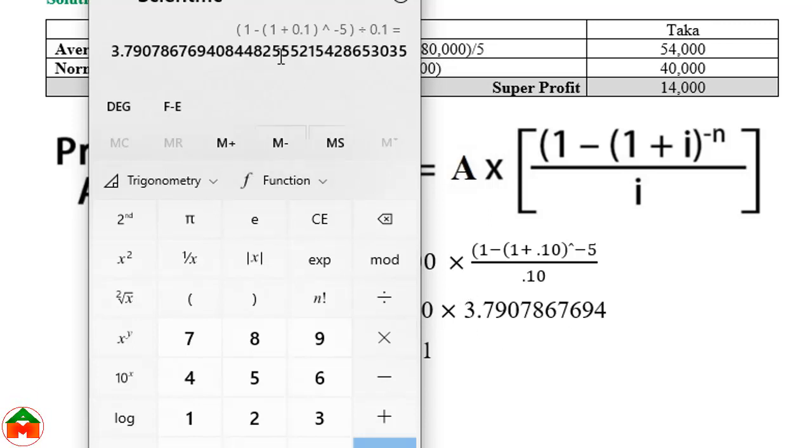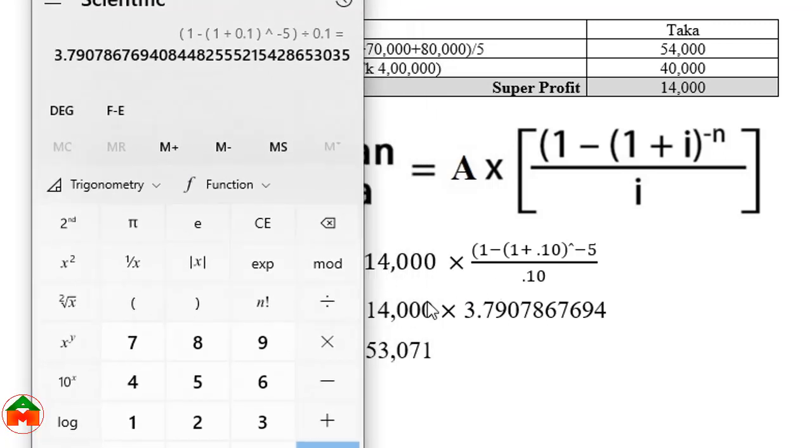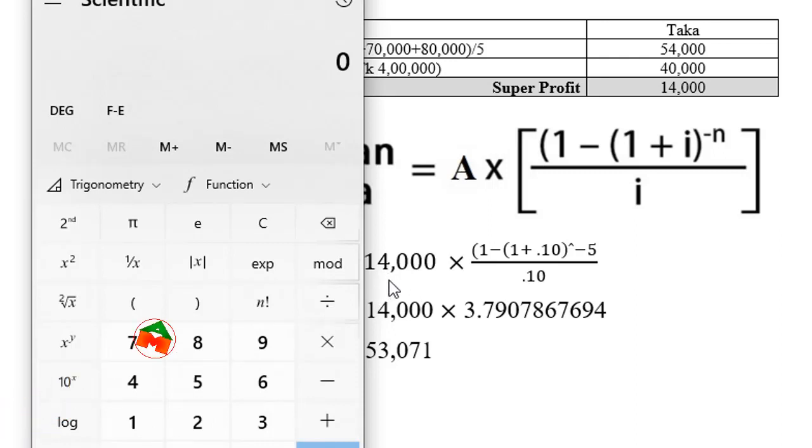But if we do the whole thing with 14,000, we can also do it. Let's see it. First, we need to type the 14,000 multiply first bracket 1 minus first bracket 1 plus 0.10 first bracket to the power minus 5.